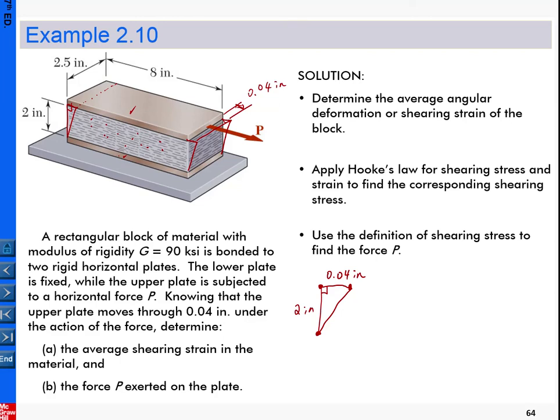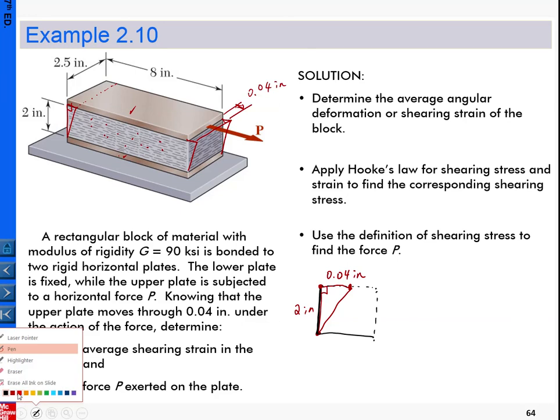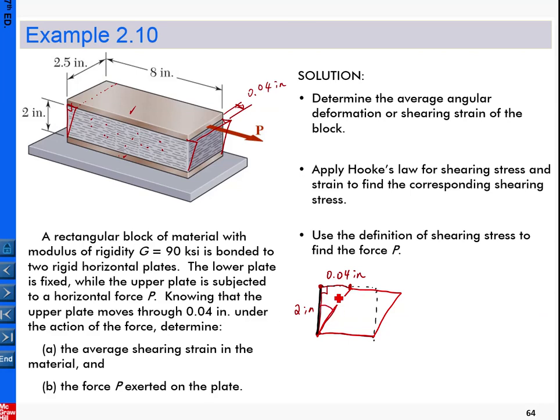If we apply our concept, this is one side of the undeformed patch, and this is one side of the deformed patch. By adding these additional lines, can you tell this is gamma? Gamma is equal to arctangent of 0.04 divided by 2. Because this number is very small, the arctangent can be approximated by the number itself, so gamma equals 0.02.